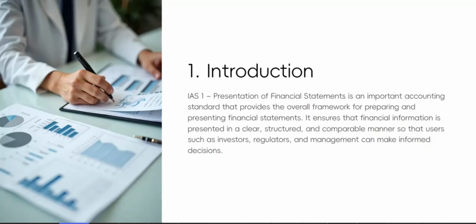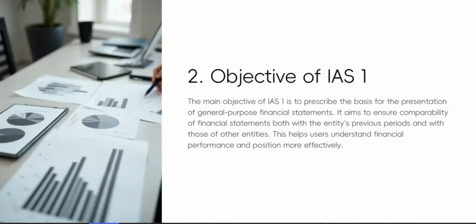Now, let's understand the objective of IAS 1 in a very simple way. The main objective of IAS 1 is to ensure that financial statements are presented in a structured and consistent format. This helps users like investors, bankers, and management to understand the financial position and performance of the company easily.